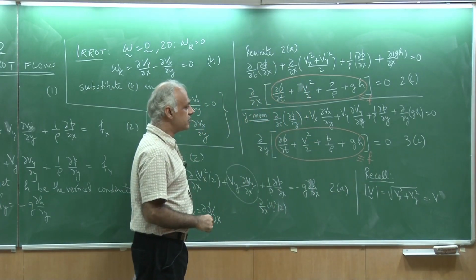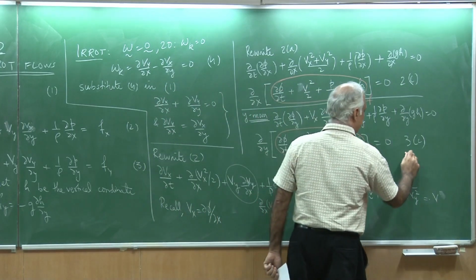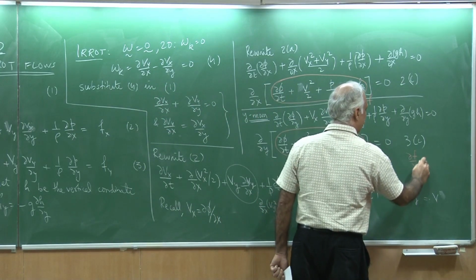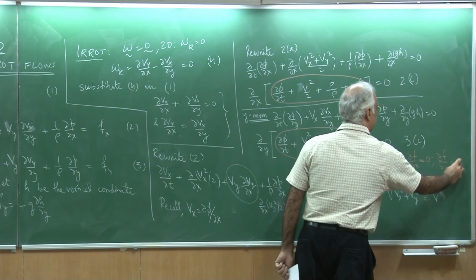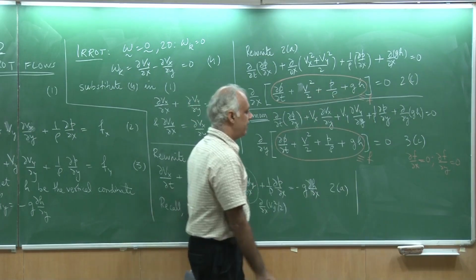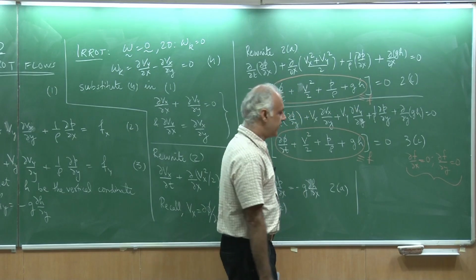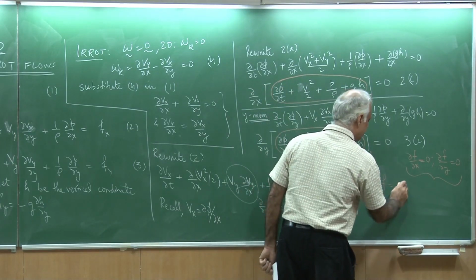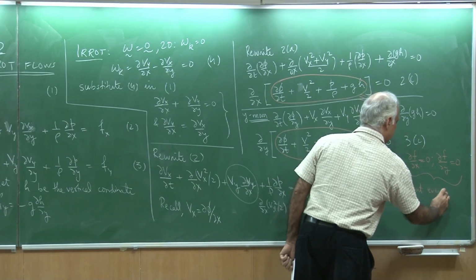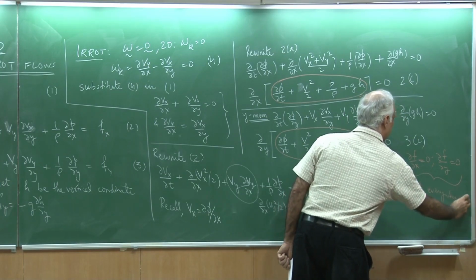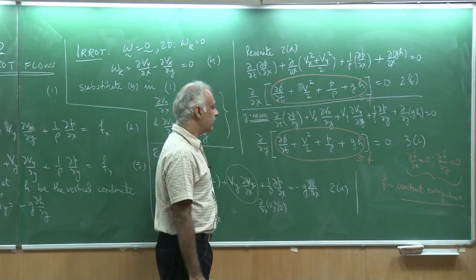So what equations 2C and 3C tell me is that del f by del x is 0 and del f by del y is 0. Using these two equations, I am able to say that f must be constant everywhere. So it cannot be a function of x or y.